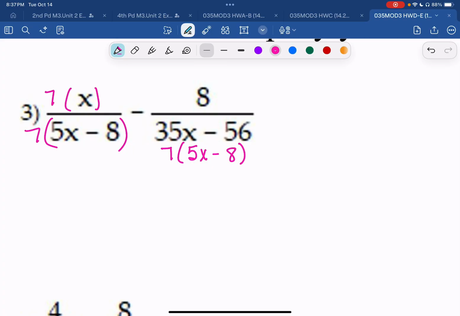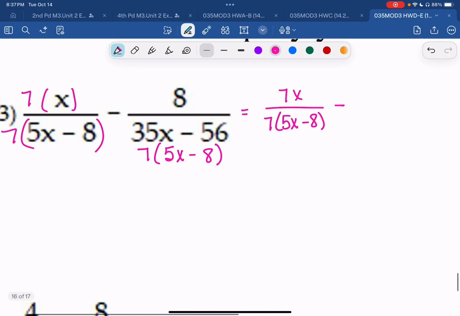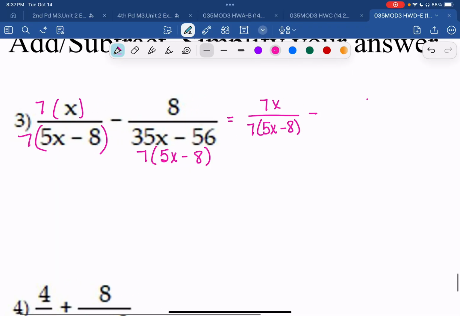Okay, so do we have common denominators now? So I've got 7x over 7 times 5x minus 8 minus 8 over 7 times 5x minus 8. And my denominators are the same.